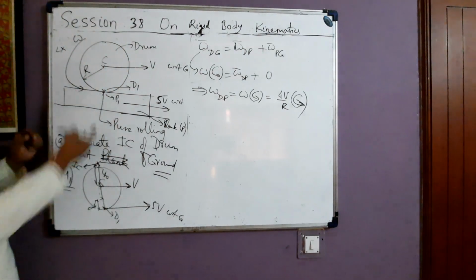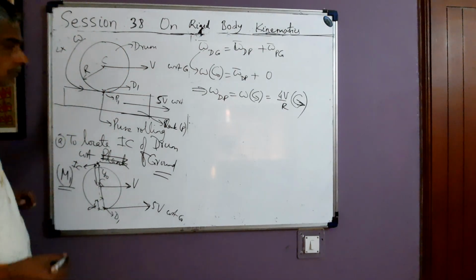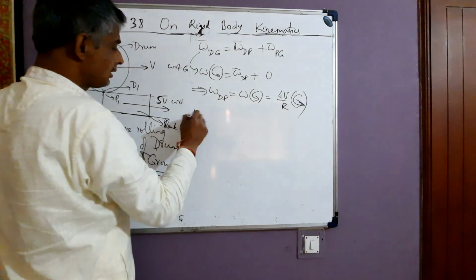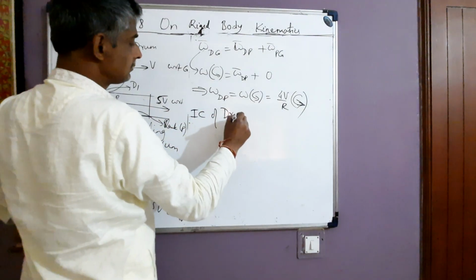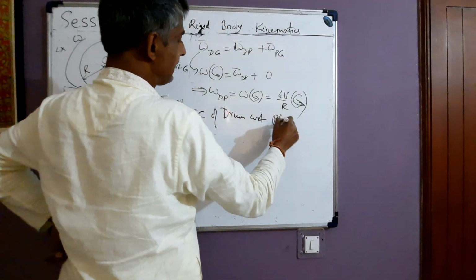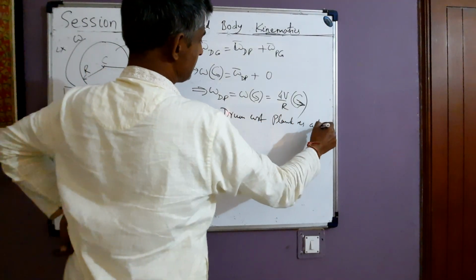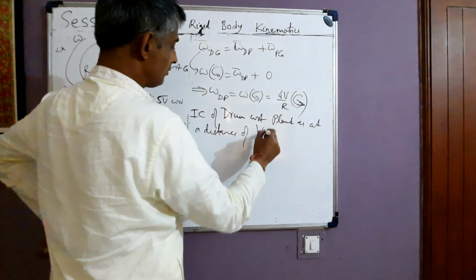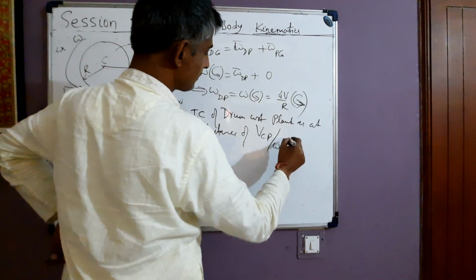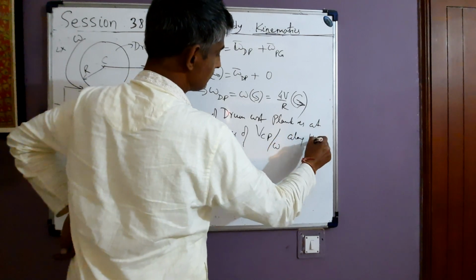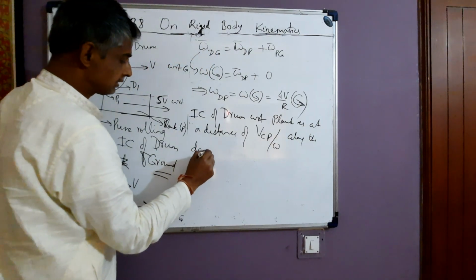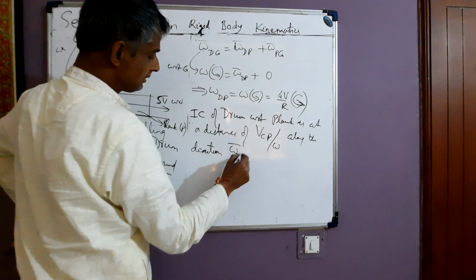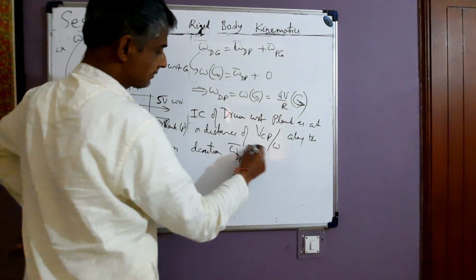Now we determine it by a different method. We apply this method: the IC of drum with respect to Planck is at a distance of VCP by omega, along the direction omega DP cross VCP.